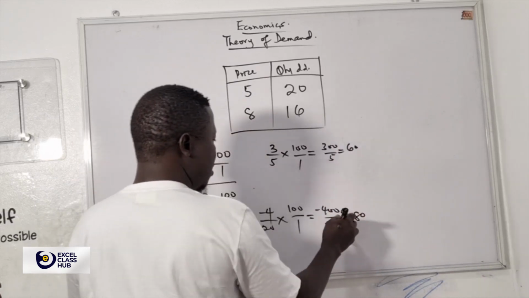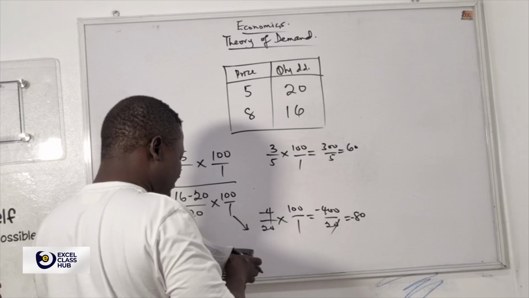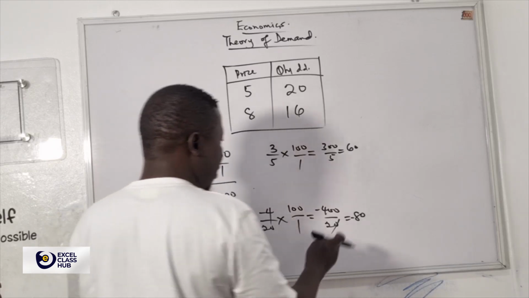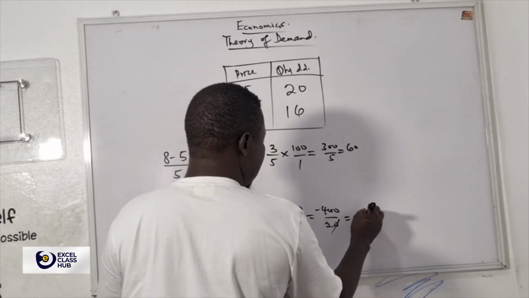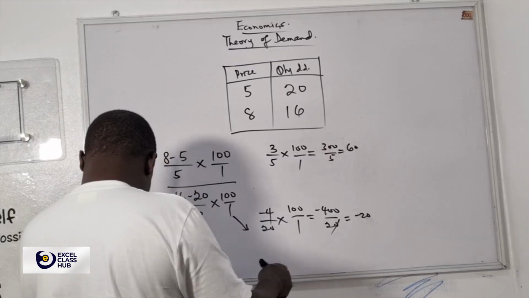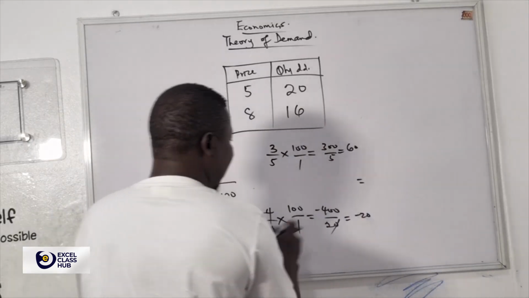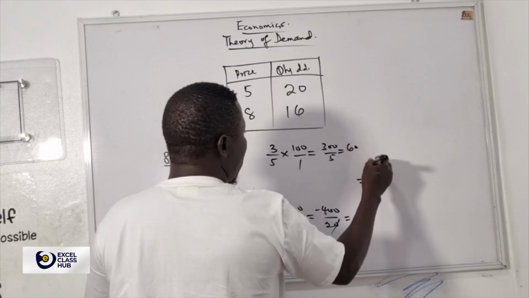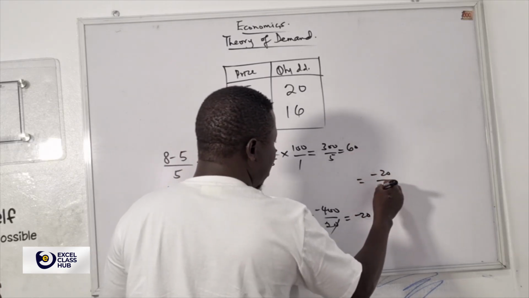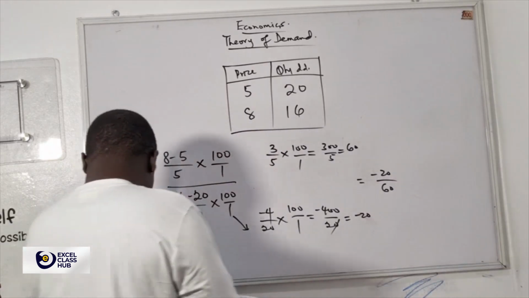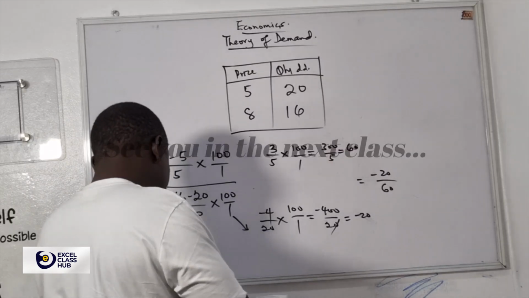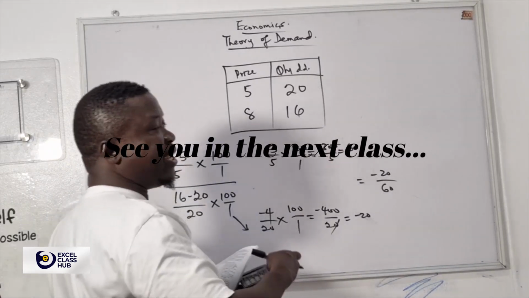So, sorry, 400 divided by 20 will give us minus 20. So from here, we have the percentage change in quantity demanded over the percentage change in price. Then we have minus 20 over 60. So we say 20 divided by 60, then we have 0.3333.